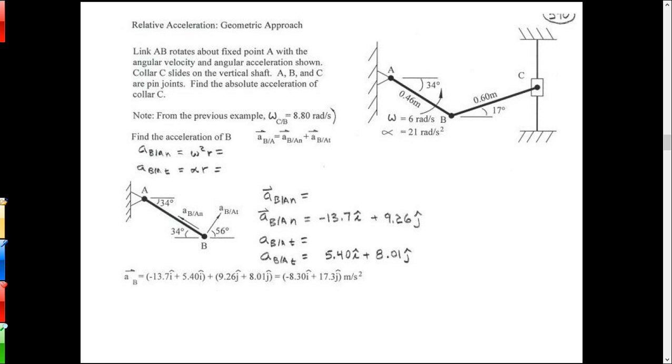What we found there for this particular problem was that omega, C with respect to B, was 8.8. The other piece of information I've added is that alpha AB, or B with respect to A, is 21. And on 540 and 541, we found that omega is 8.8.